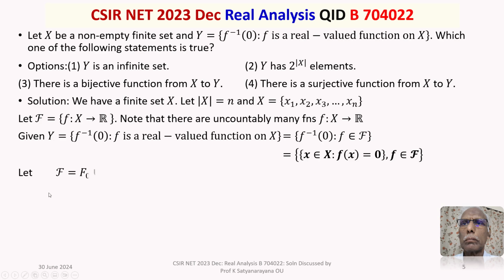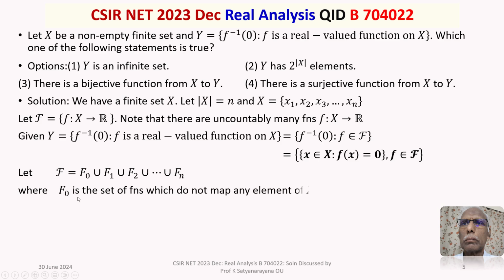Right. Let the script F be F naught union F1 union F2 union Fn. Script F is partitioned like this, where what is F naught? It is the set of functions which do not map any element of X onto 0.